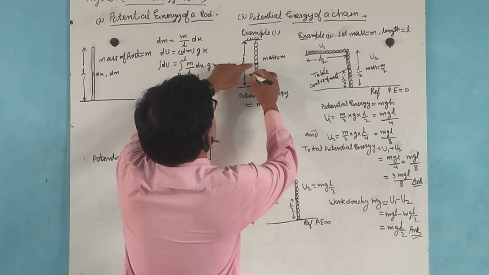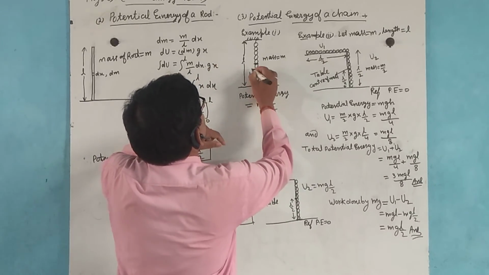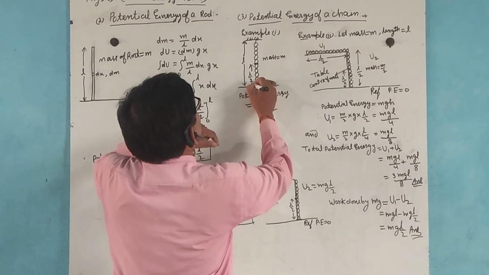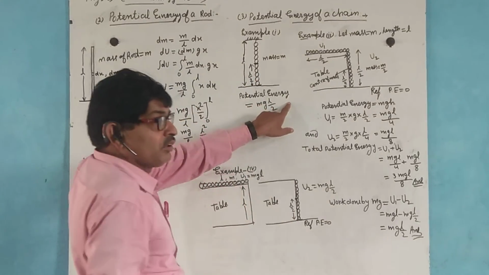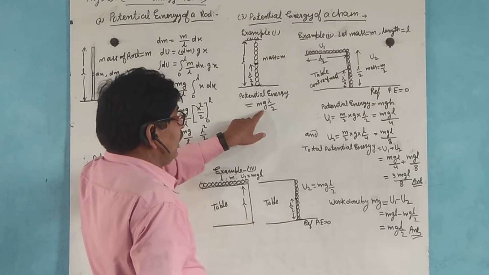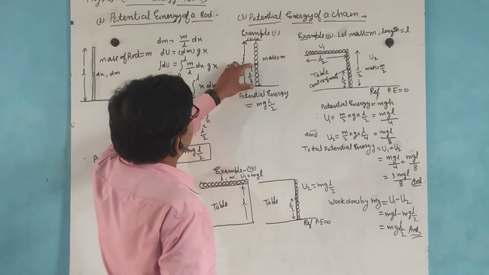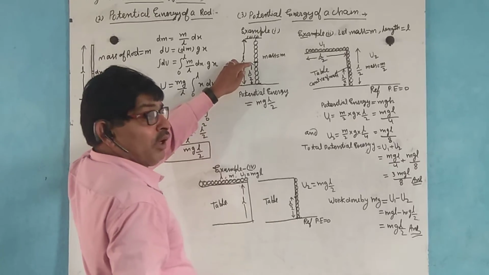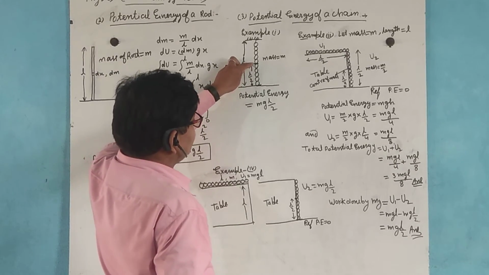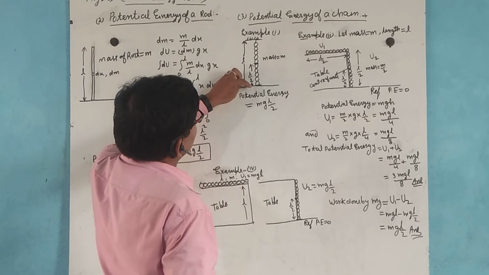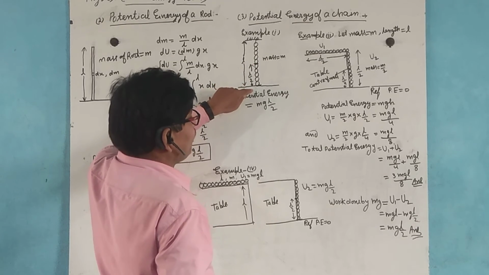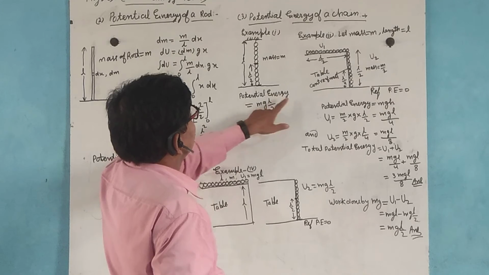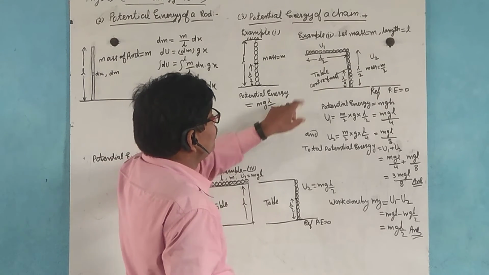This distance is L by 2, so potential energy is equal to mg and h is L by 2. We take the center of mass from the reference point, so potential energy is equal to mg L by 2.